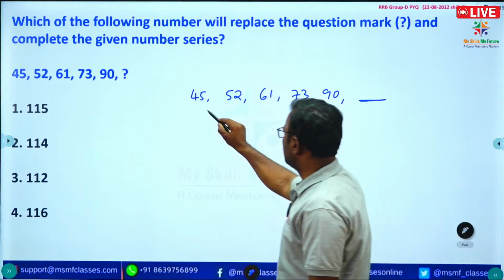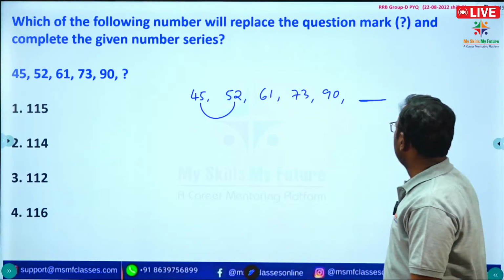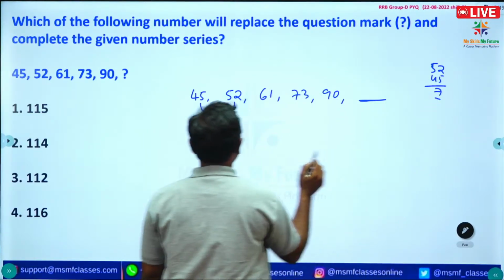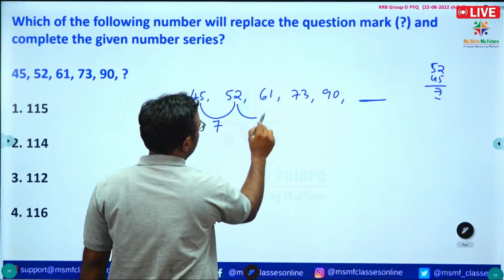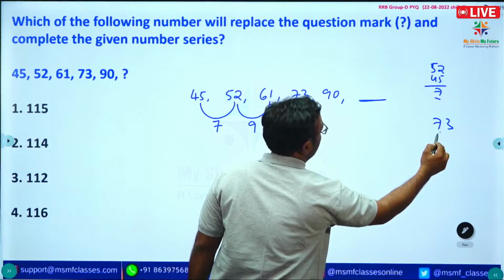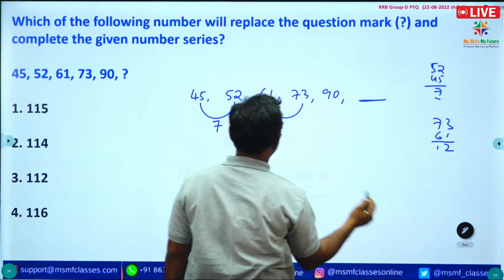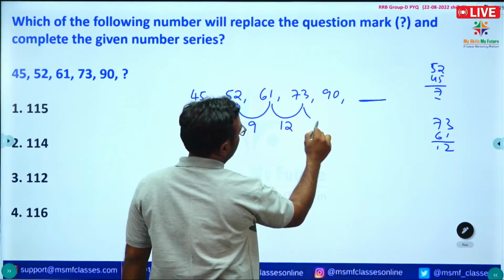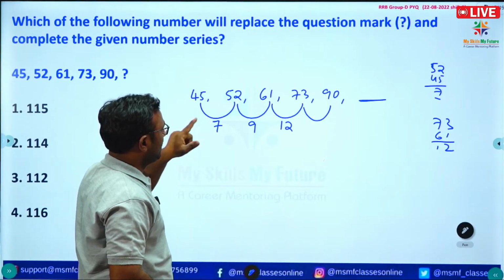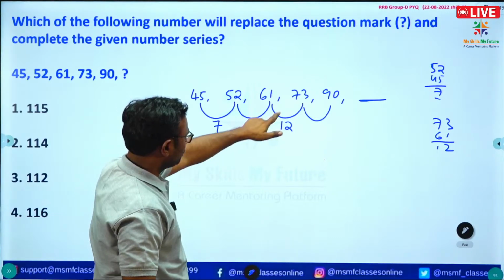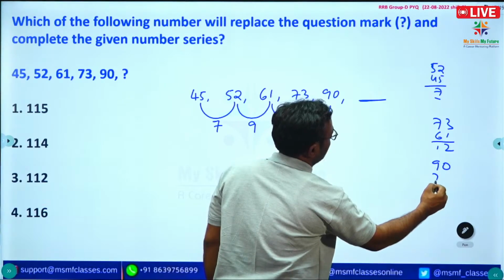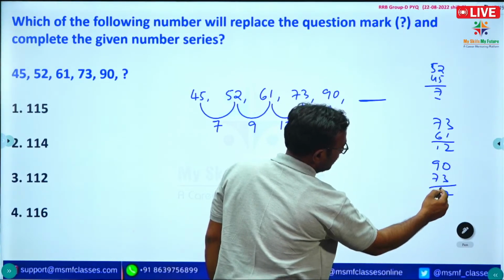First see the difference: 52 minus 45 we get 7, 61 minus 52 we get 9, 73 minus 61 we get 12, 90 minus 73 we get 17.